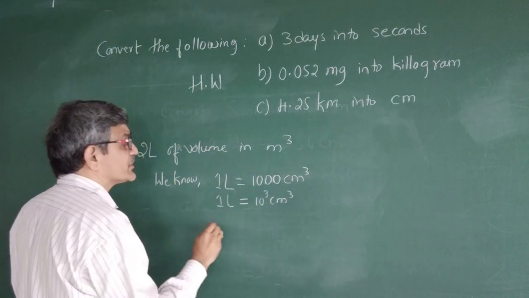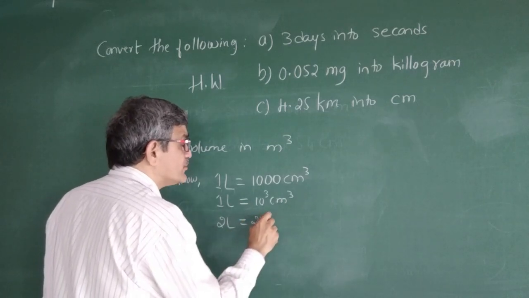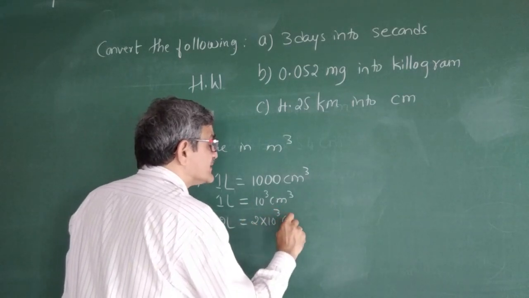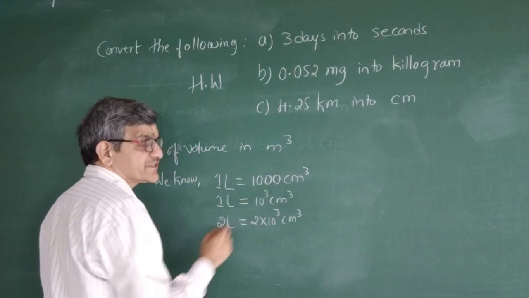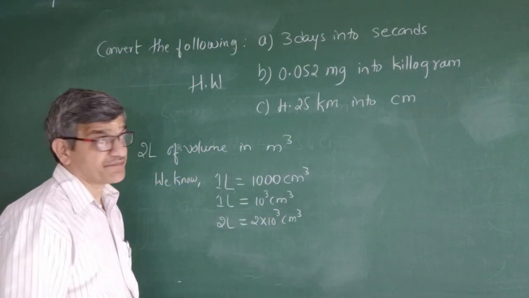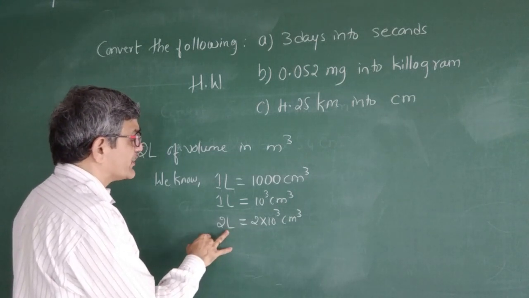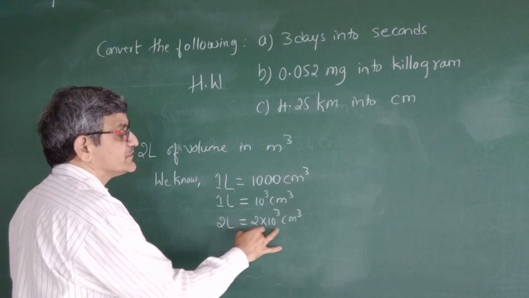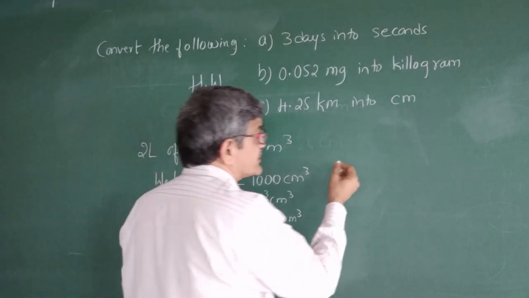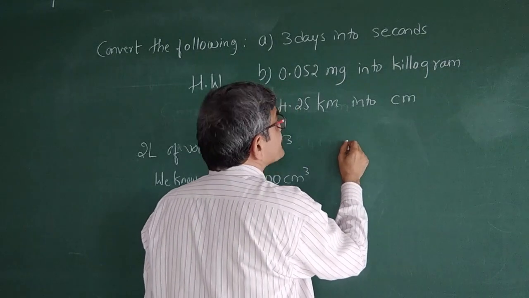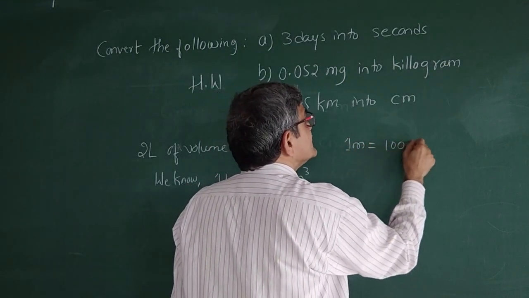So 2 liter is given. 2 liter equal to how much? 2 into 10 raised to 3 centimeter cube. I have written 10 raised to 3 because 1000 is nothing but 10 raised to 3. Okay. What next? So I got 2 liter in centimeter cube. Now I want to convert it into meter cube. What is the relation between meter and centimeter? 1 meter equal to 100 centimeter.